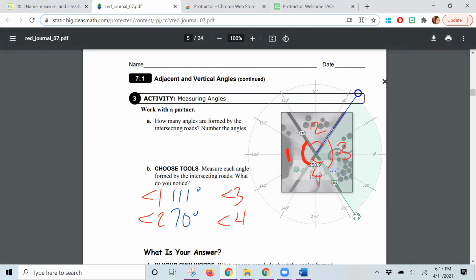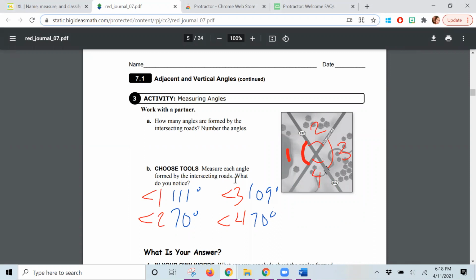That one we can say is about 109-ish from our measurements. And then angle 4 is about 70. And so we've measured these 4 angles, and these are what we got.